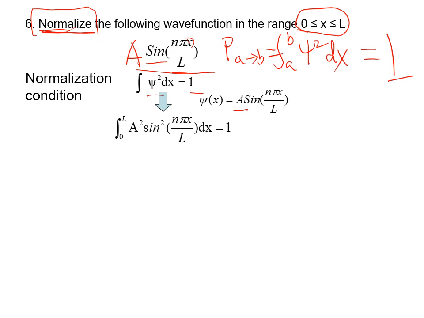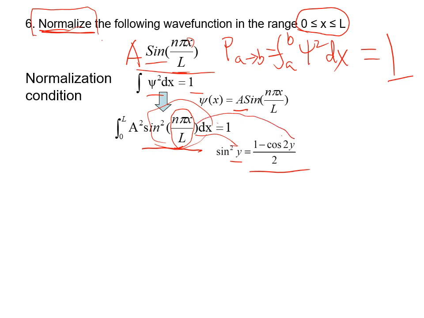Now a sine function's square in mathematics can be written as 1 minus cosine 2y over 2. So for sine y squared, if we compare ours, then n pi x over L is y. And therefore you just replace y by n pi x over L. So you get this equation.